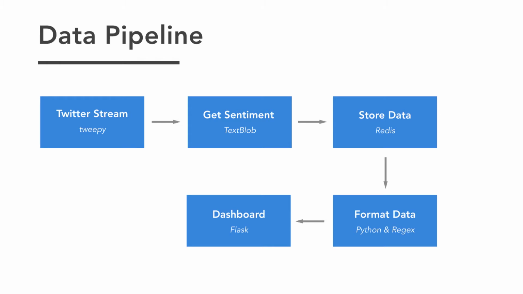When we want to extract tweets for our dashboard, we'll want to format the data. This entails making links clickable and highlighting the brand mentions. Last but not least, we'll show the last 15 tweets that matched on our web dashboard using Flask in conjunction with HTML and CSS.